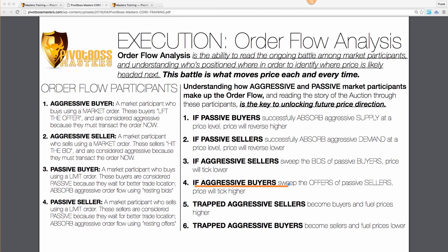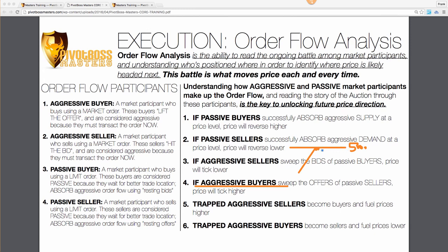If aggressive buyers sweep the offers of passive sellers, then price will tick higher. So that's the opposite. If you have a resistance level up here and say you have 5,000 contracts to sell here and price pushes up, aggressive buyers are trying to push through those passive sellers. Those passive sellers are creating resistance. They have resting offers up there.